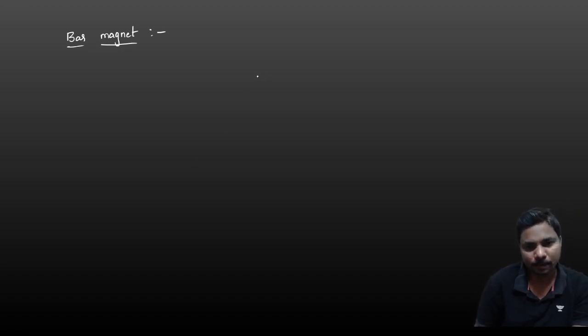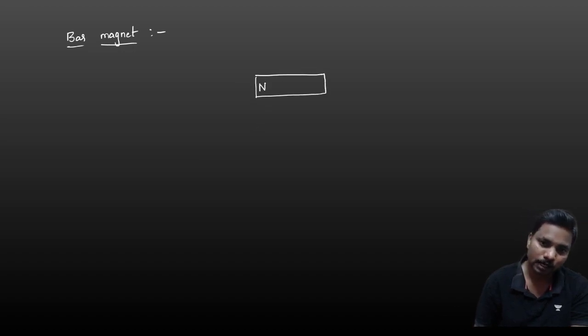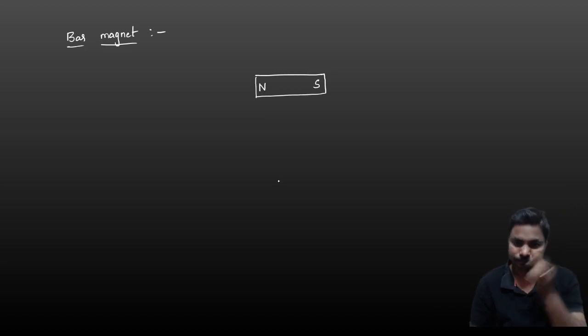Now coming to the next one, let us take a bar magnet. Magnets may be rounded shape, bar, or horseshoe type. It is a bar, and here north and south are the poles.